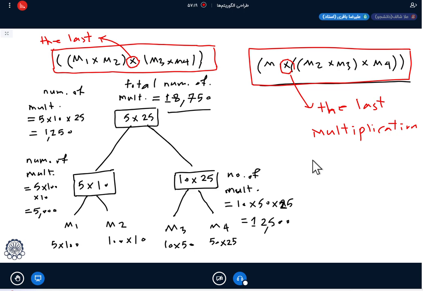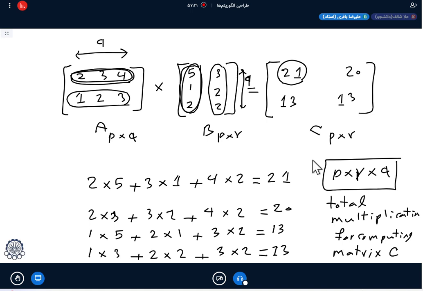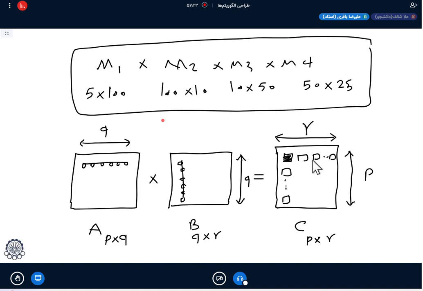And these are the dimensions of the given matrices. We are given these matrices. Matrix M1 has 5 rows and 100 columns. Matrix M2 has 100 rows and 10 columns.